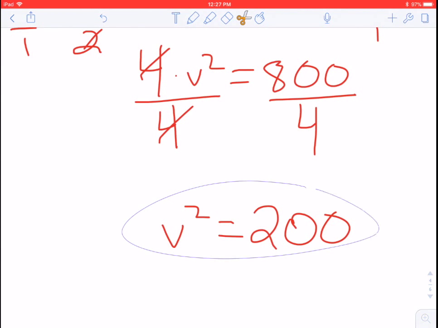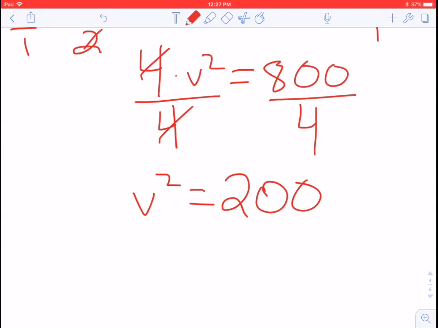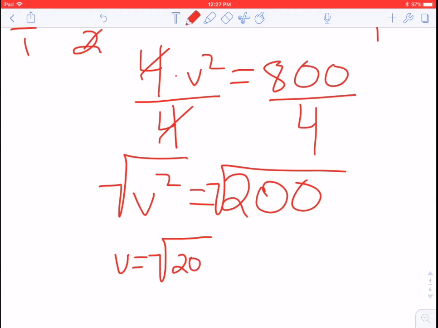Now, how do you get rid of the little square? You take the square root of both sides. V equals the square root of 200 meters per second. The square root of 200, let me do it on my calculator real quick, is about 14.14 meters per second.